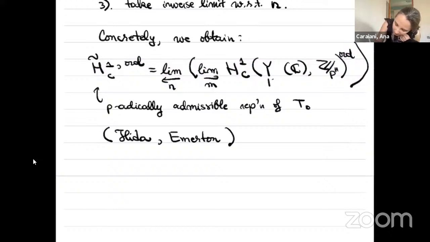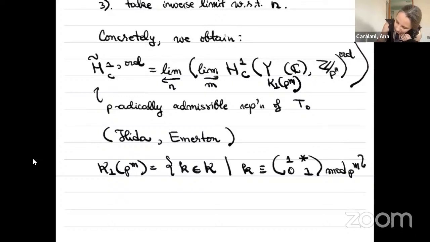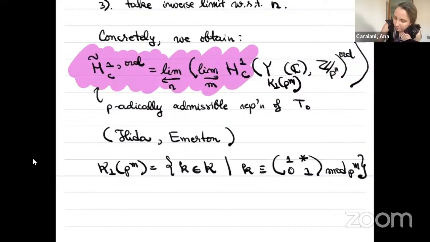So Y(K_1(p^m)). Right, so the whole point is that the level at p increases. K_1(p^m) is, so whatever my original level was, I want to keep imposing congruences where these matrices are unipotent modulo p^m. So that in the limit, you can think of this as being the cohomology of the modular curve at this level N0, at this unipotent level.